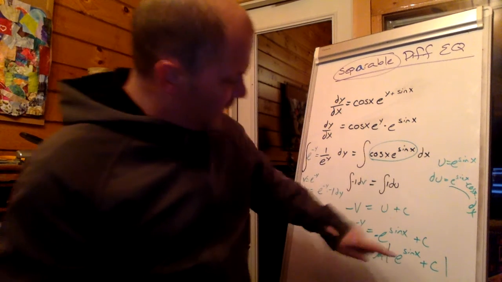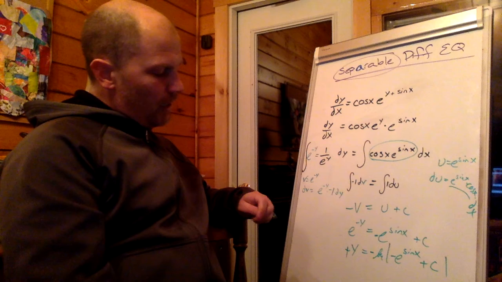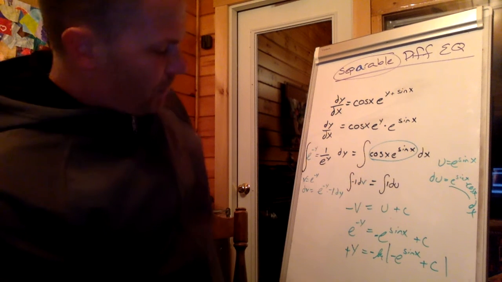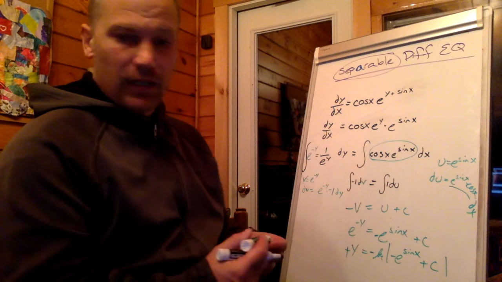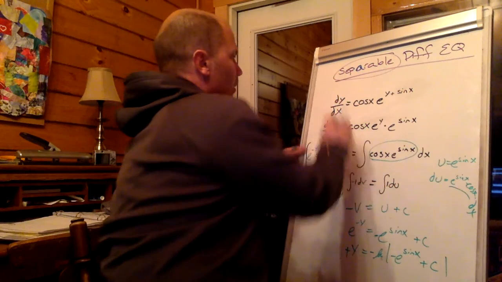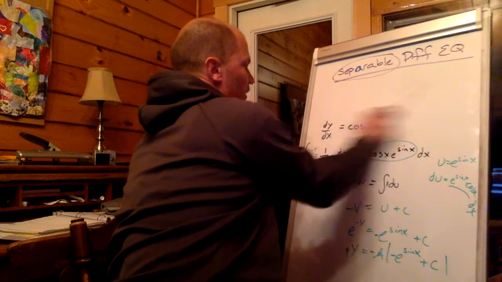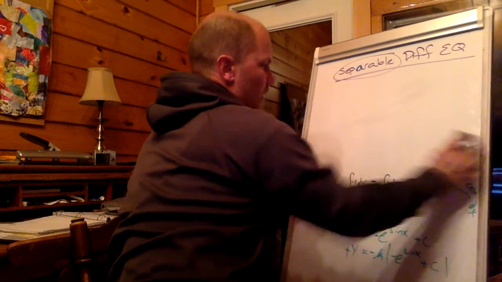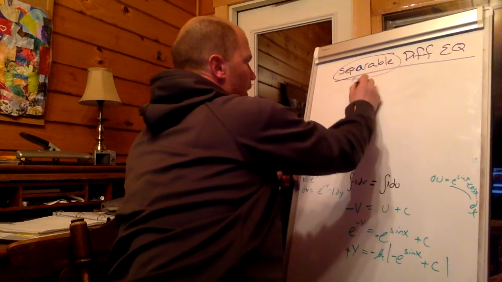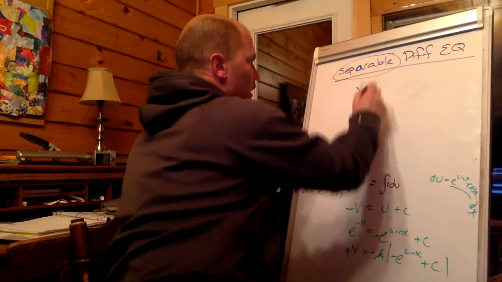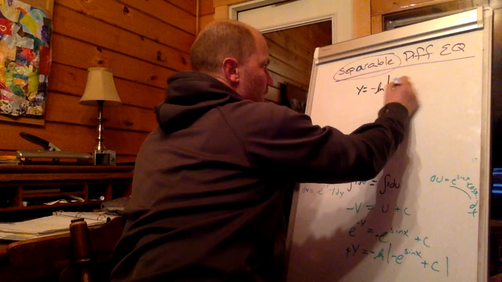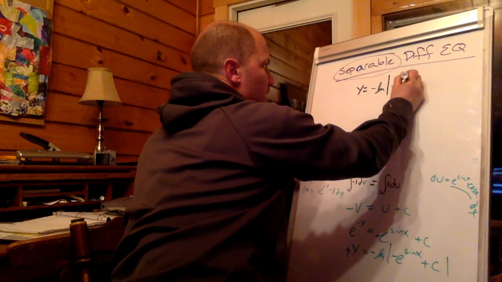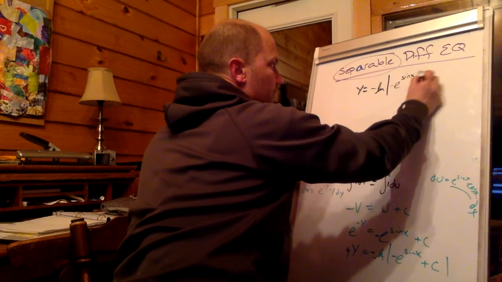So I am done here. I can clean it up a little bit. Some of you might remember your exponent rules. And if you do, then you can definitely clean it up quite a bit. But I'm going to rewrite it up here so we can just see it. So I have y equals the opposite of the ln of the absolute value of negative e to the sine x plus c.